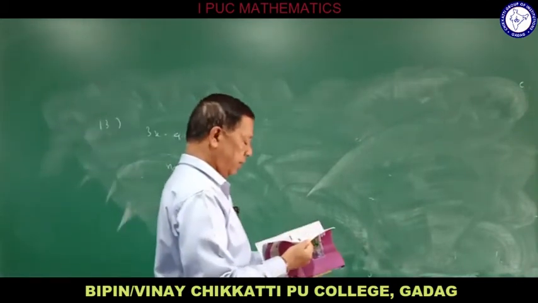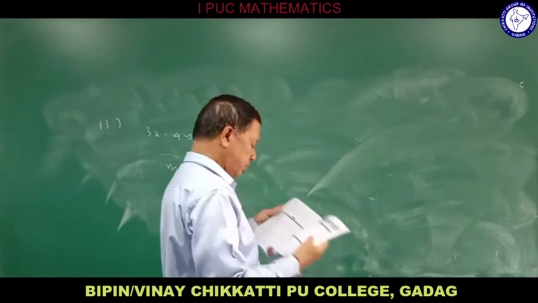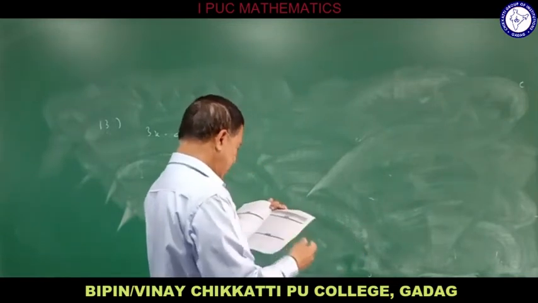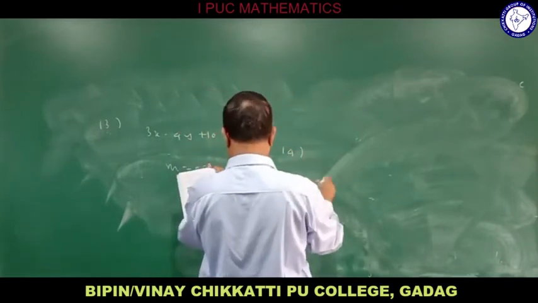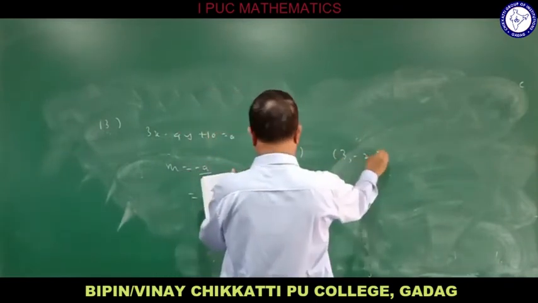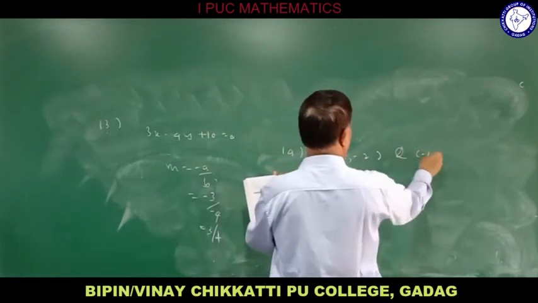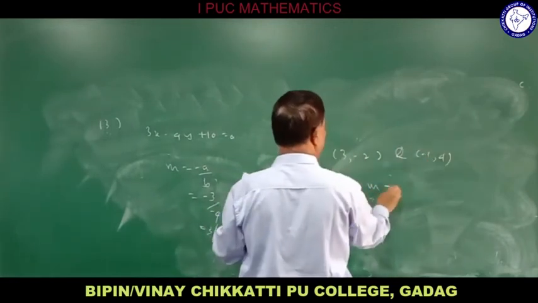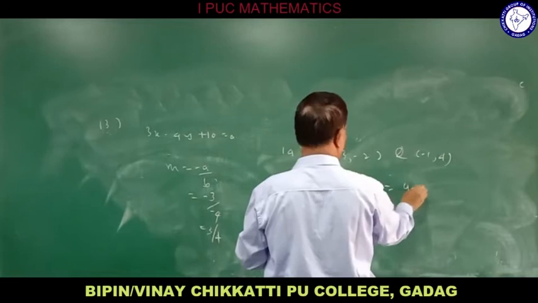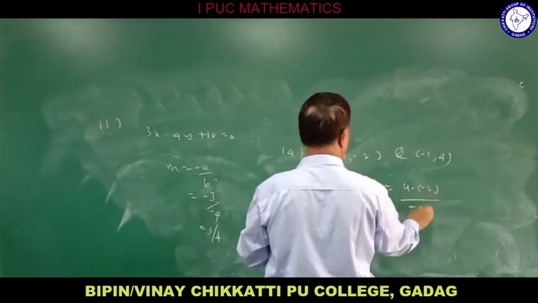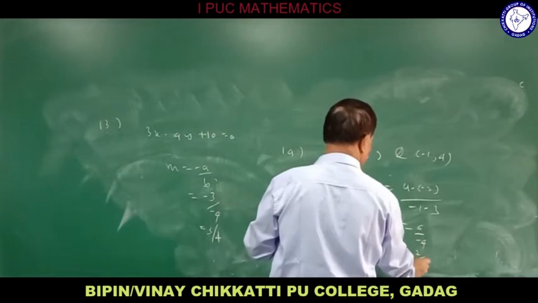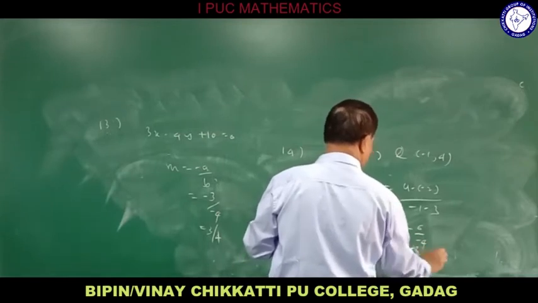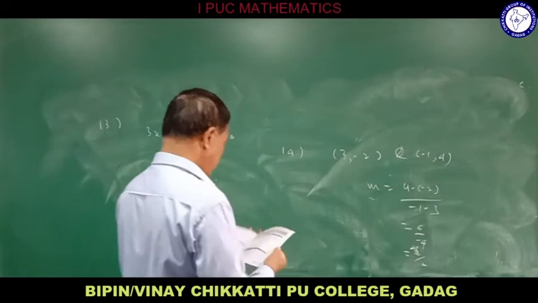In the same way, mock set 7: find the slope of the line joining the 2 points 3, minus 2 and minus 1, 4. So m is equal to y2 minus y1 over x2 minus x1, that is 4 minus of minus 2 over minus 1 minus 3, which is 6 by minus 4. 2 3s are 6, 2 2s are 4, so minus 3 by 2 is the slope.